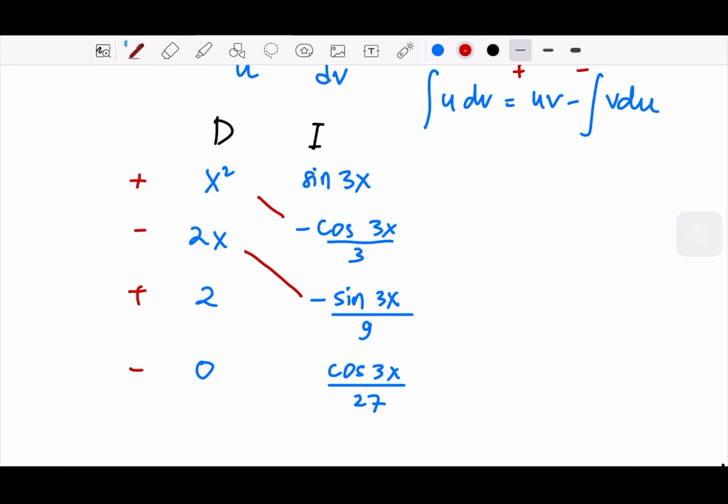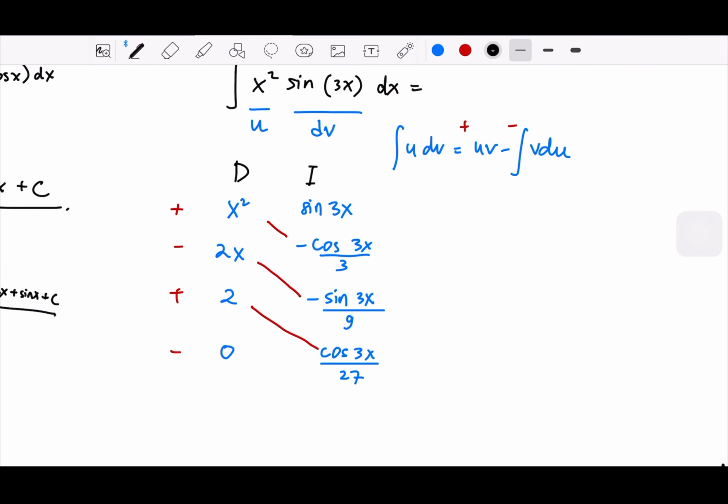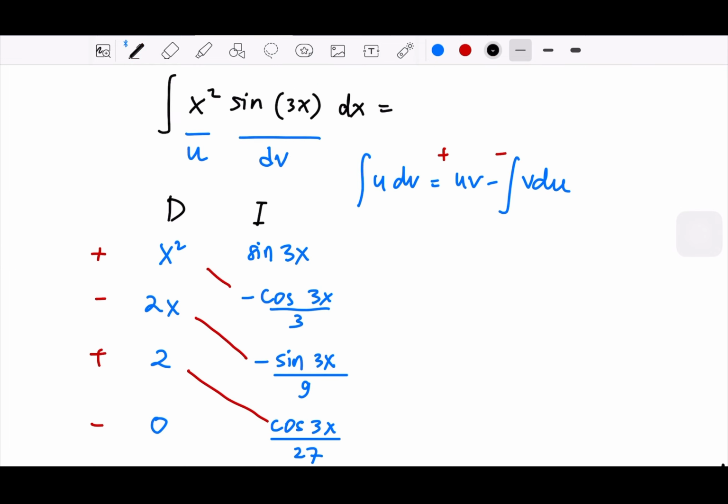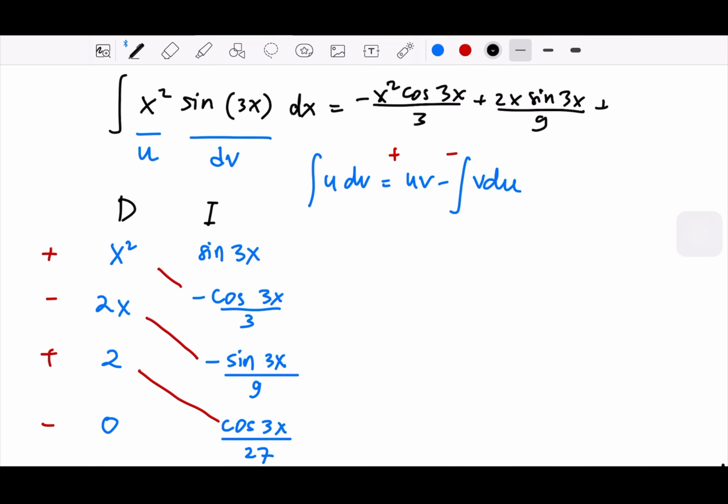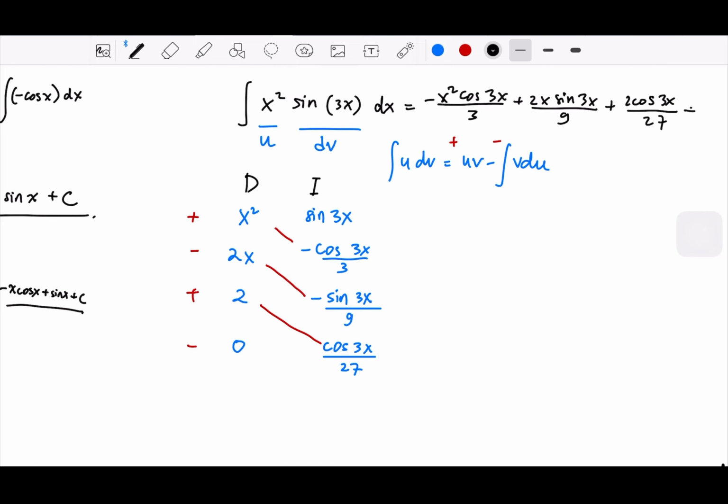So cross multiplying all this, we get the final result: negative x squared cosine 3x plus 2x sine 3x, and then plus 2 cosine 3x over 27. And don't forget to add a constant, okay?